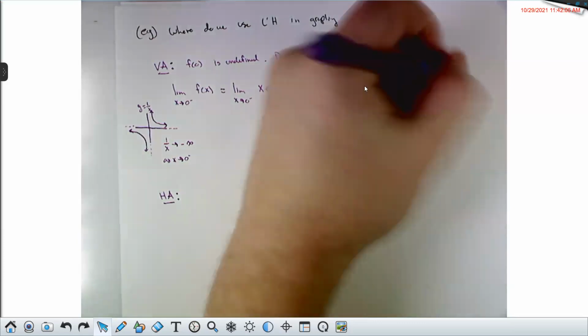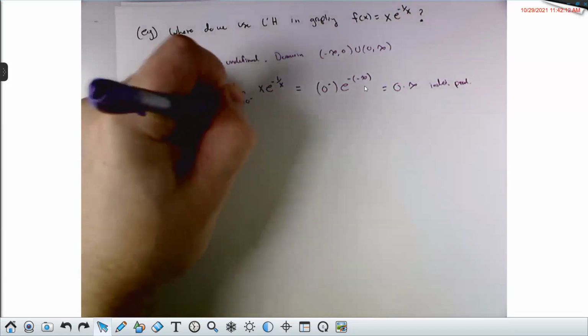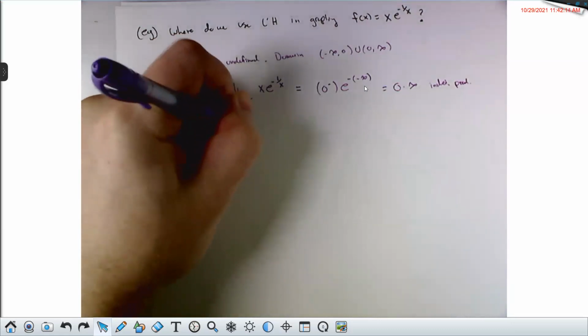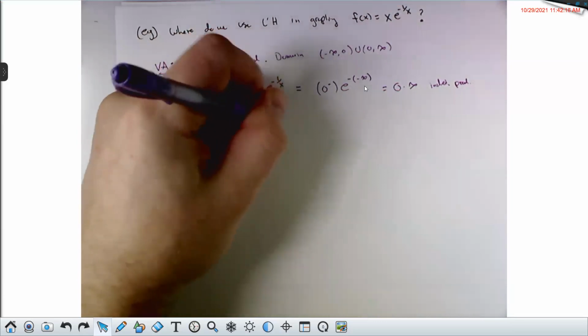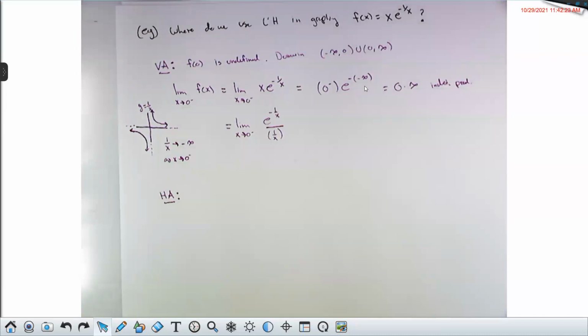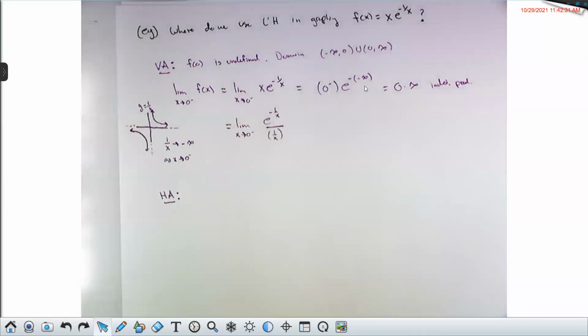From here, because this is an indeterminate product, I would want to rewrite it as the limit as x goes to 0 minus of e to the negative 1 over x divided by 1 over x. Could do this. Or we could stick the e to the 1 over x downstairs. I like this more though, because when I differentiate the top with the chain rule, I'll get something that cancels with the bottom.